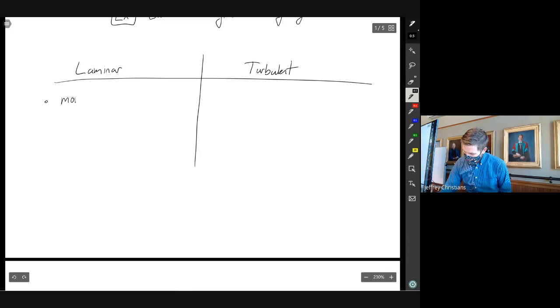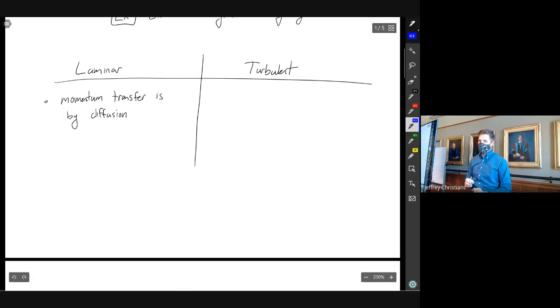So momentum transfer is by diffusion. What do I mean by that? Really, it's governed by this value nu, the kinematic viscosity.